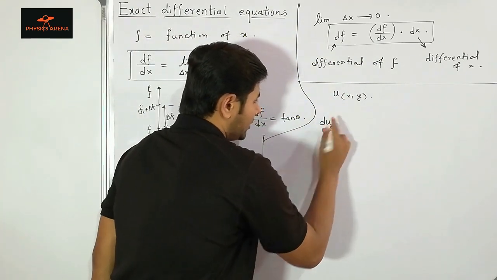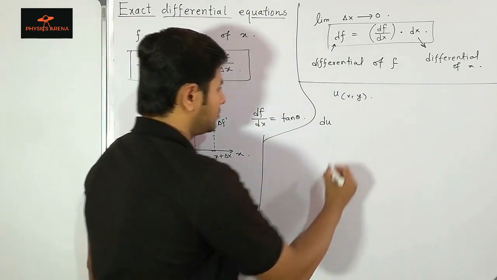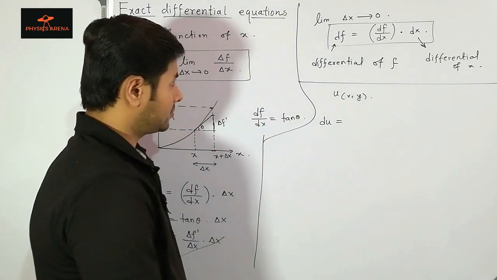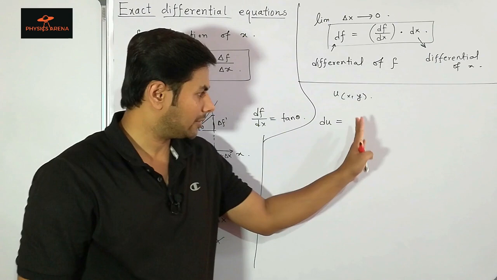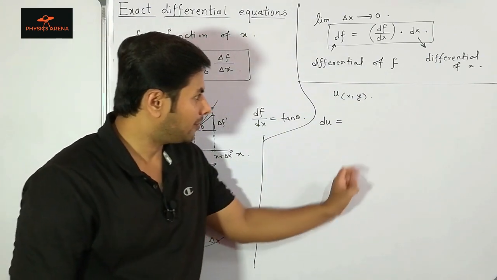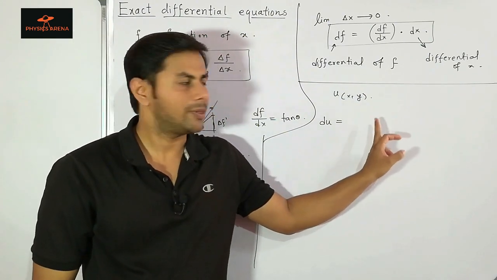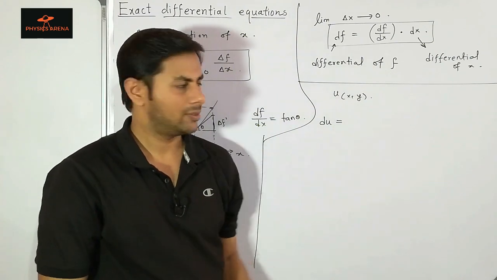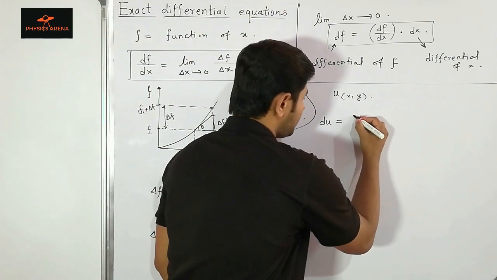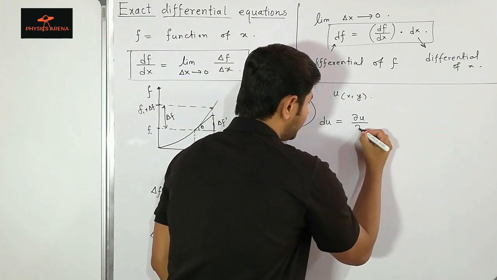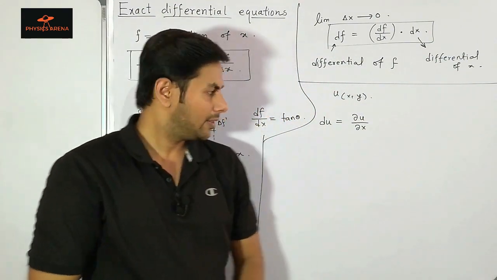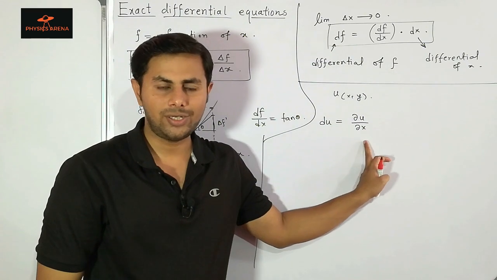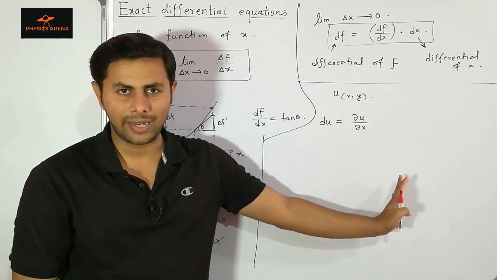So du is the differential of u, and just like this case, we need to take the derivative of u with respect to x. But remember, another variable, y, is present. So we take the derivative of u with respect to x, considering y as a constant, and this is called the partial derivative of u with respect to x.